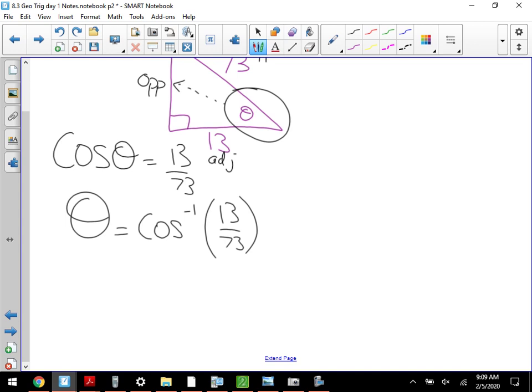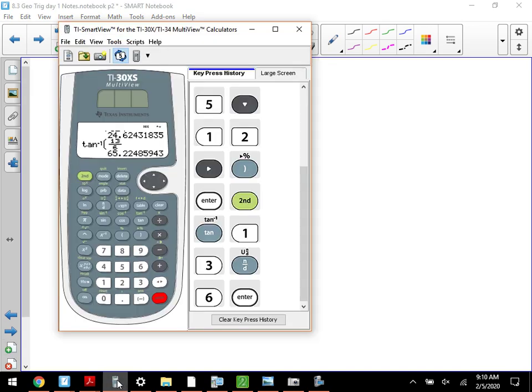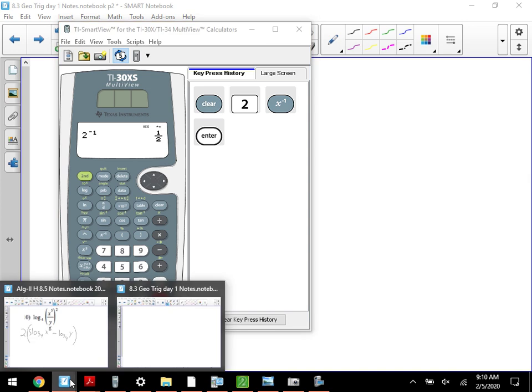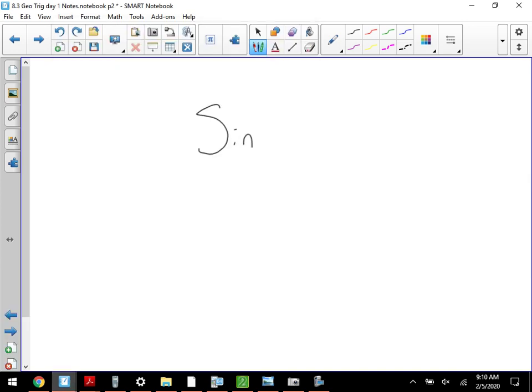Yes, ma'am? Why? Because it's called an inverse. You missed that when you were finishing up your quiz. Remember, if you have your calculator real quick, type in 2, and then see the button above the number 7 where it says x to the -1. Hit that, and then hit enter. So it gets 1/2. What we're doing, in so many terms, is if I want to undo the sine, I have to do the inverse operation.